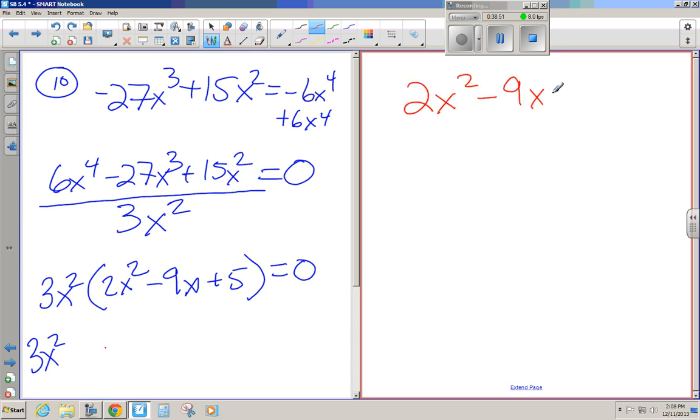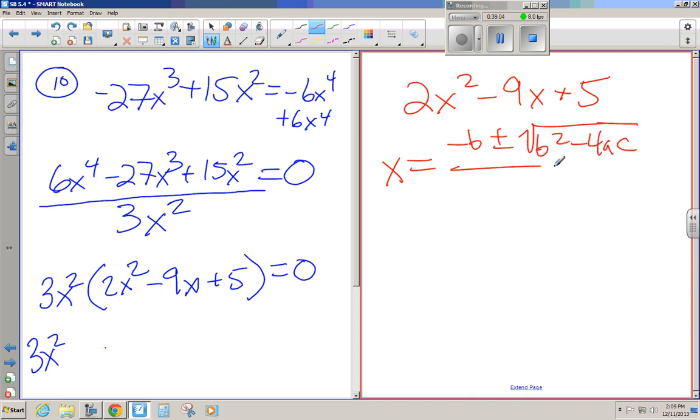You're going to hear me sing along while I do the formula. So x is equal to the opposite of b, plus or minus the square root of b squared minus 4ac, all over 2a. And you plug in those numbers. This is b, this is a, and this is c.